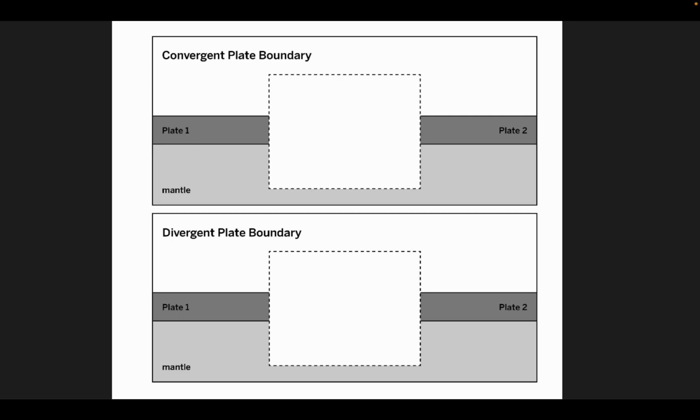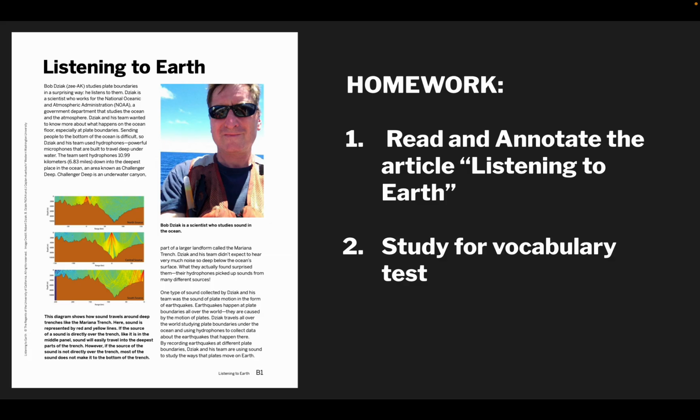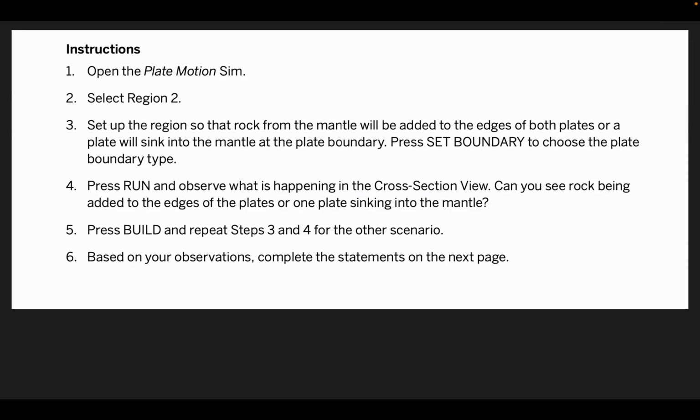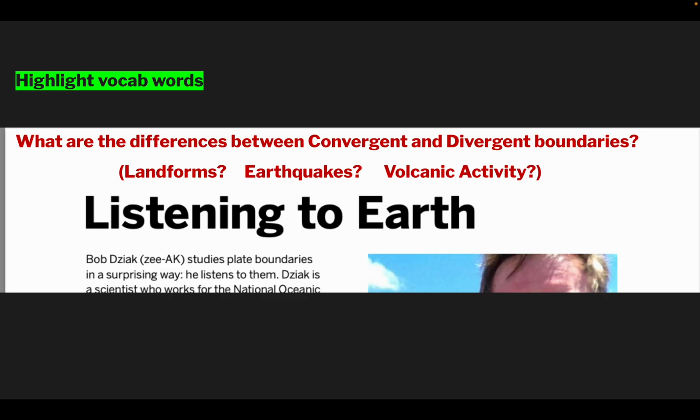I think this is going to be kind of hard for you to do on your own. And so I would like you to just focus on reading and annotating this article. And then tomorrow when you come back to class, you and I will go over this together, and I'll walk you through the 2 missions that we're going to do in the simulation.